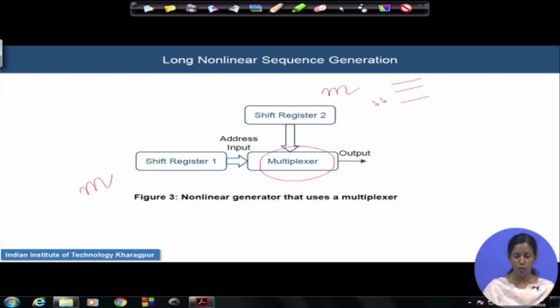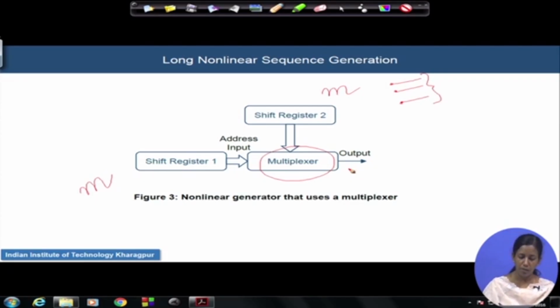Okay. So, you have tapped the output from certain stages of this shift register architecture, and whatever bits are generated for a typical clock pulse, you take them and read them as an address. That address the multiplexer will use on the shift register 1 architecture, to decide which bit should be picked up from the shift register stages and sent directly to the multiplexer and out as an output.